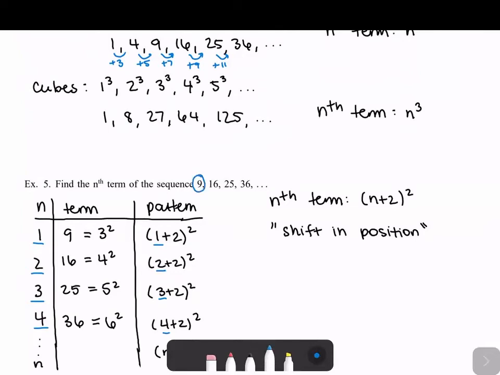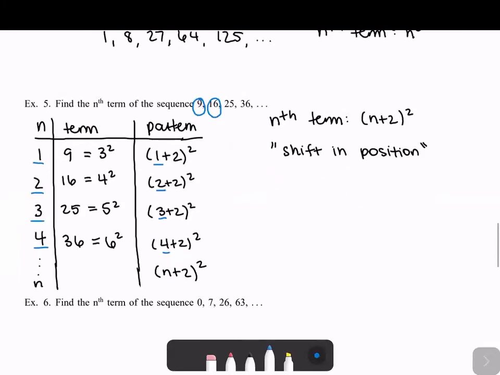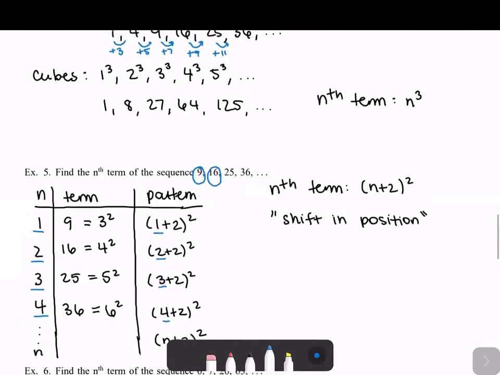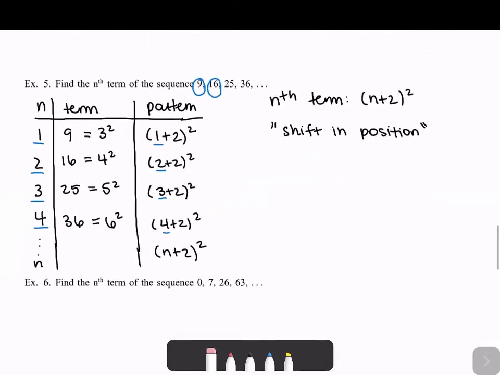What used to be in our fourth position up here in the general sequence now is in the second position. So it shifts the position by 2. So our first term is now what was in our third term compared to the original sequence. So we shifted the position.